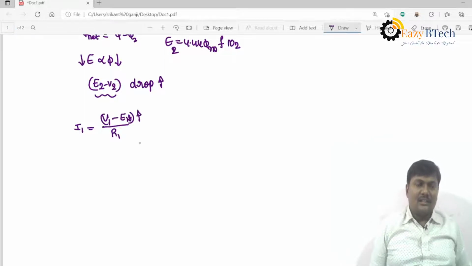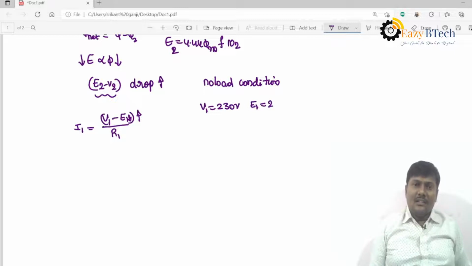Let us assume under no load condition, the supply voltage is 232 volts, and the induced EMF is 230 volts.